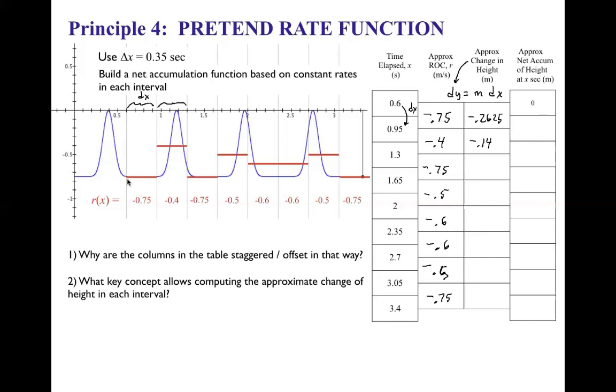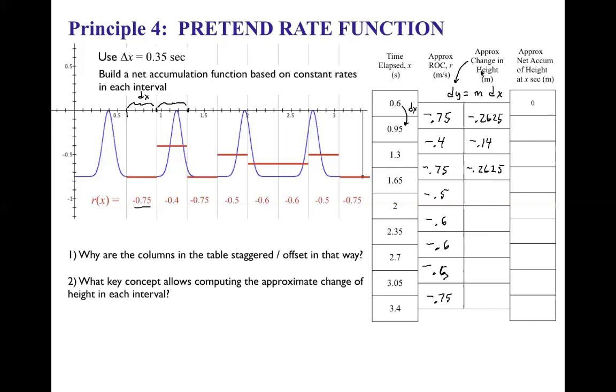So we spent the first 0.35 from 0.6 to 0.95 at this rate. And then starting at 0.95 to 1.3, we were at this constant rate. Does that answer it? Yes, that answers. Thank you. Sweet. Okay. And then in the next interval, we're back down at this rate again. We multiply it by our change in x, and we get the same negative 0.2625.